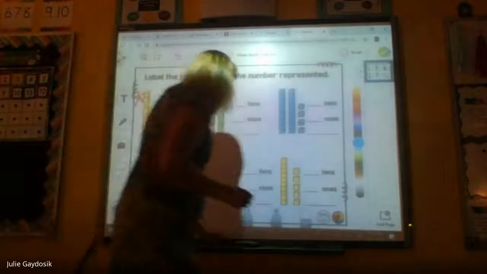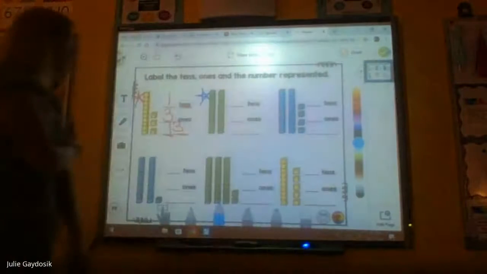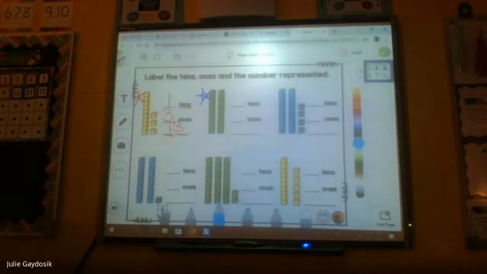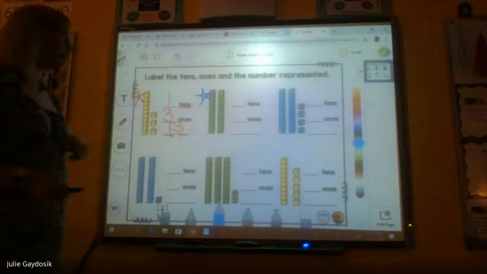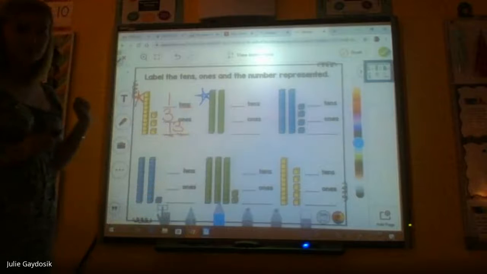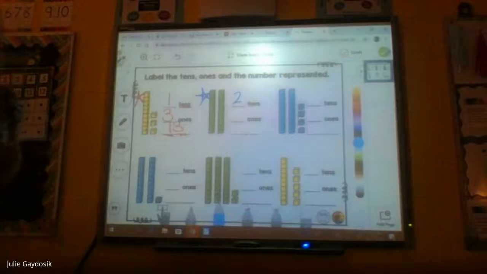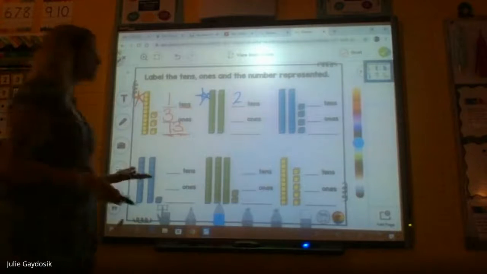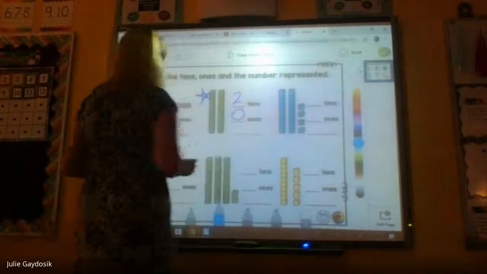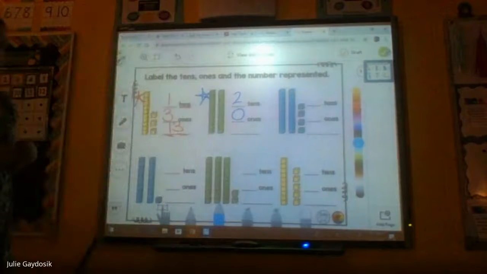Okay. Go into number 2, the second one. First, you want to know how many 10s there are. How many 10s are right here? 2. Oh, trick. How many 1s? That's right, there's 0 1s, so there's 0. Now I want to know the total number.